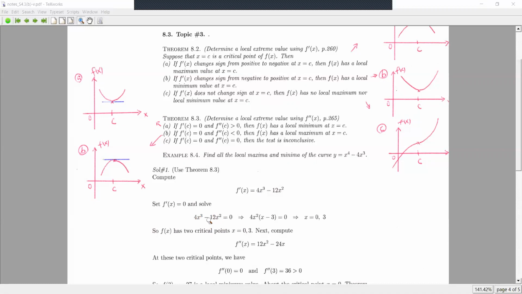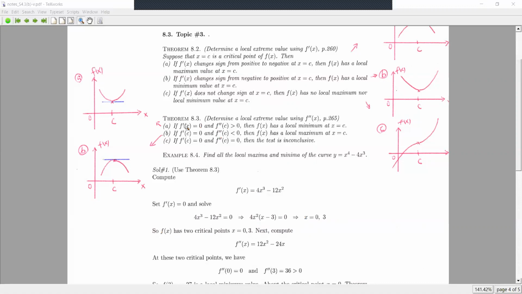This part, the left side is the derivative. To solve this equation, factorization, then we see that 0 and 3 are the solutions. So the function has two critical points, 0 and 3.